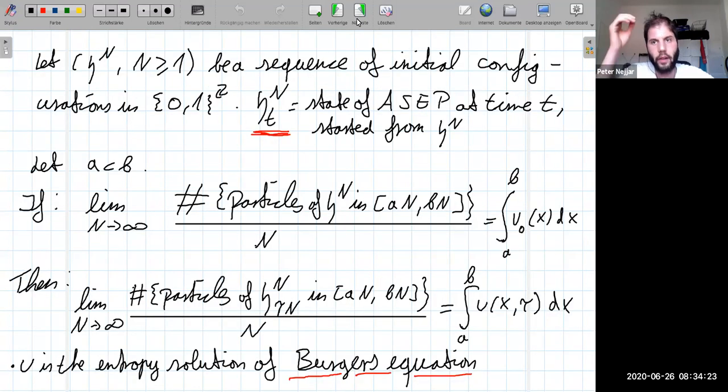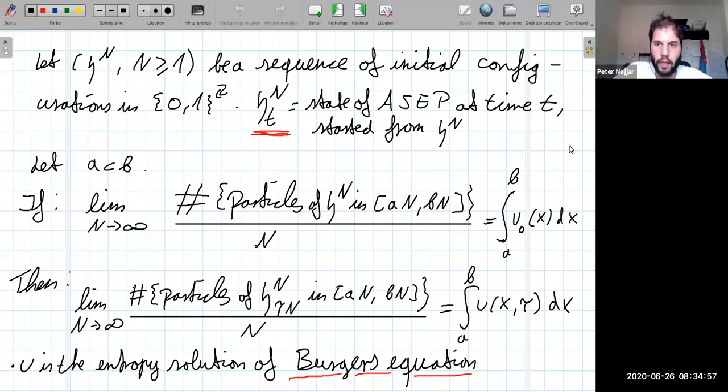Now, ASEP has a very well developed hydrodynamic theory, and I will briefly summarize this. Consider a sequence of ASEP initial configurations, eta_n, and call eta_n(t) the state of the ASEP at time t, started from the configuration eta_n. Then the following holds. Fix two real numbers a and b, with b bigger than a.